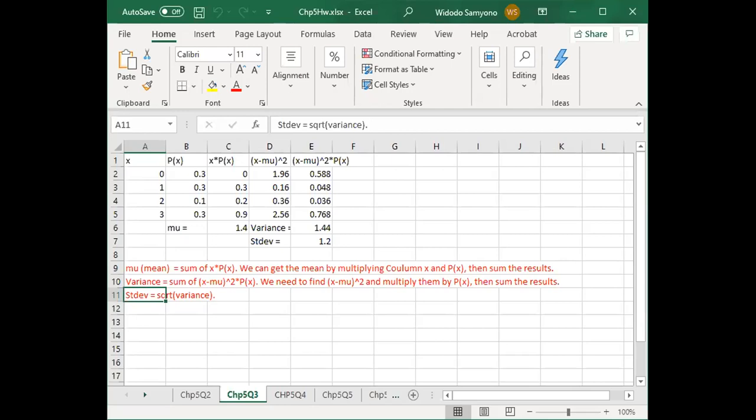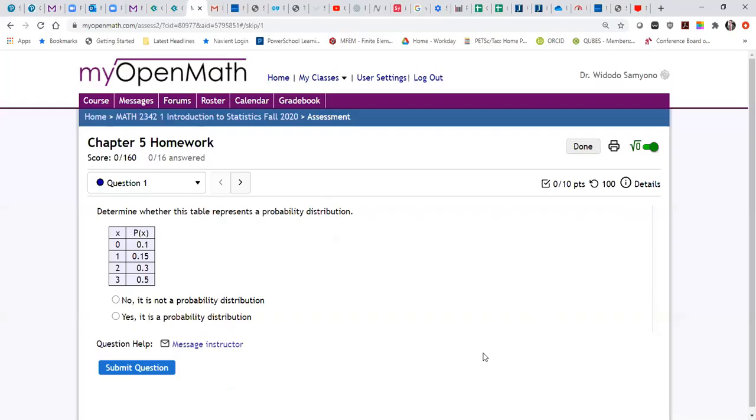Okay, let me go to the problem here. Determine whether this table represents a probability distribution. Remember what a probability distribution is? You have two properties: the summation of P(x) has to equal 1, and P(x) is between 0 and 1. Let me check if this equals 1.